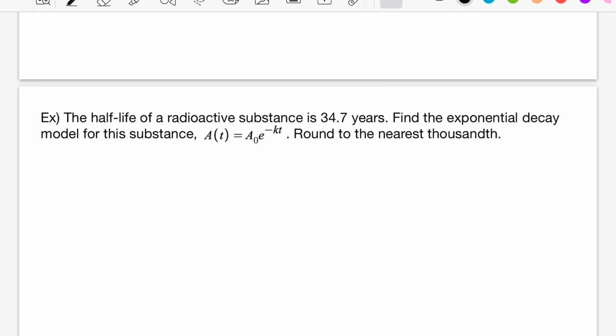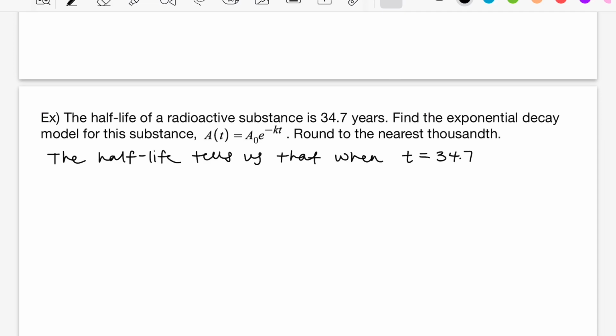Since we're talking about the half-life, this tells us that when t is equal to 34.7, so at 34.7 years, our population at that time is going to be half of our original population.